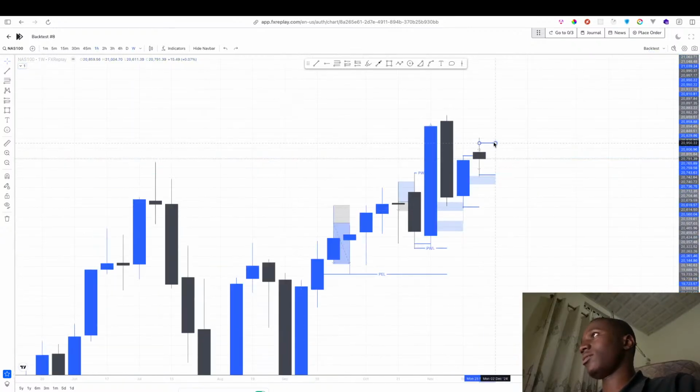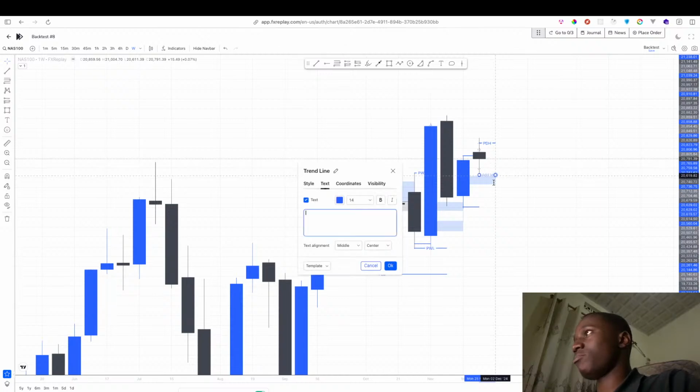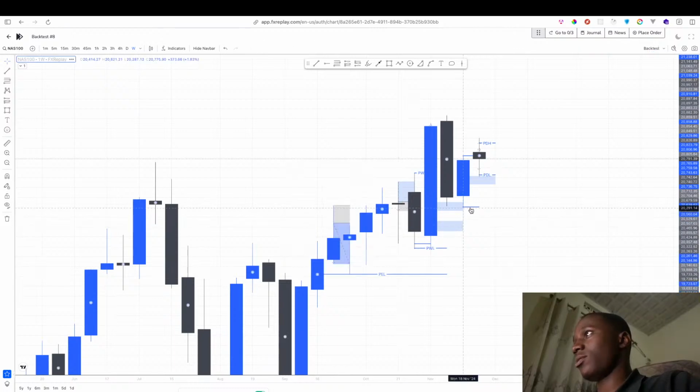Let's add some text. This was the PDH, previous day high. This one was the PDL. This one is the PWL. This one is the PWH.